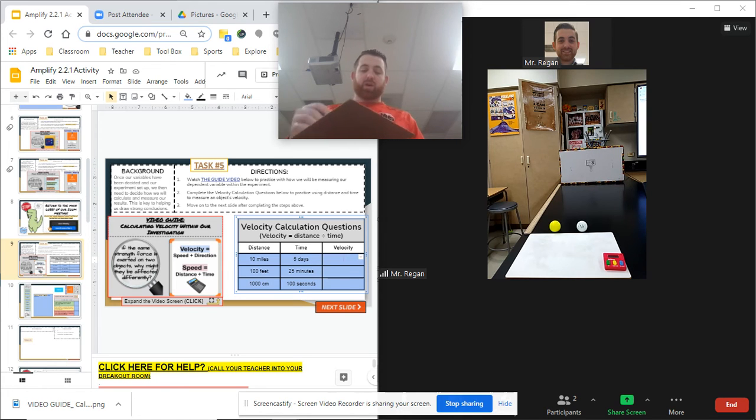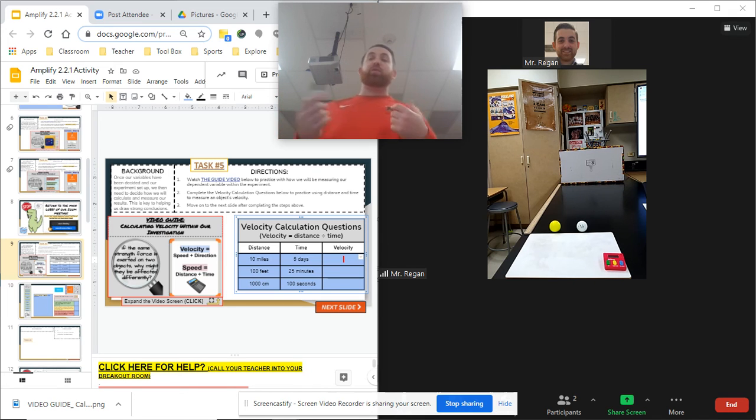If I was going to set up my equation, I would do 20 feet divided by 10 seconds, and I would have 2 feet per second. That would be my speed, and if we wanted to make it velocity, we would add a specific direction. So maybe they're moving 2 feet per second towards the school, or 2 feet per second north. And that would help us get accurate measurements as to what the velocity of that person is.